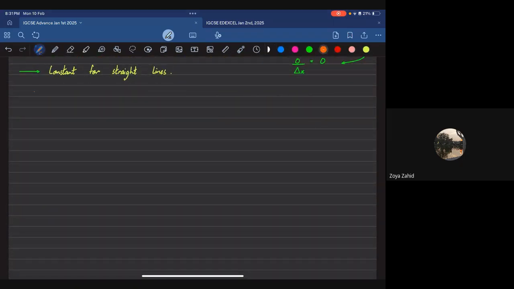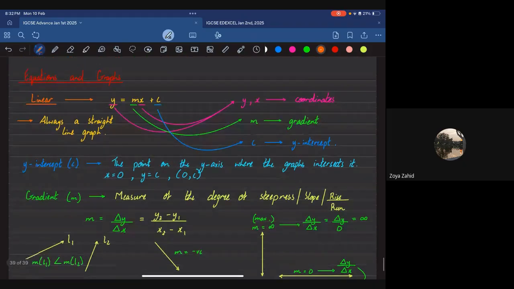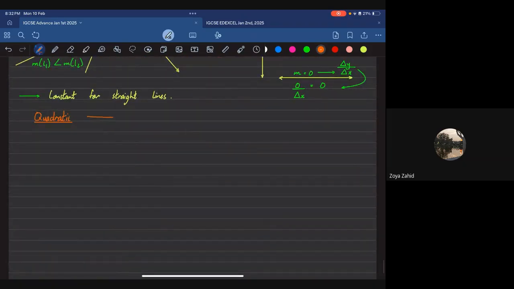All right. So for example, now this is where it gets a bit interesting. This is going to require some strength from your end to understand this better. We saw linear equations. Now we're going to go into quadratic equations. The general form of a quadratic equation is y is equal to ax squared plus bx plus c.